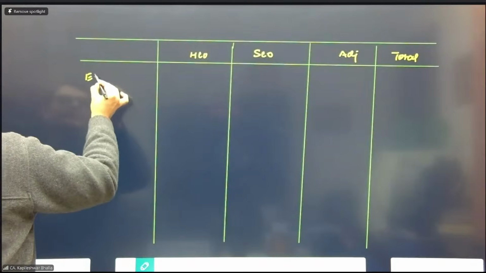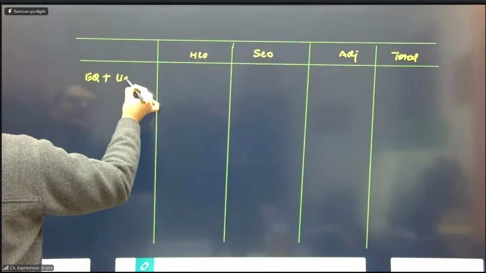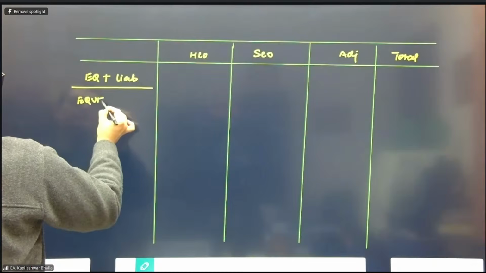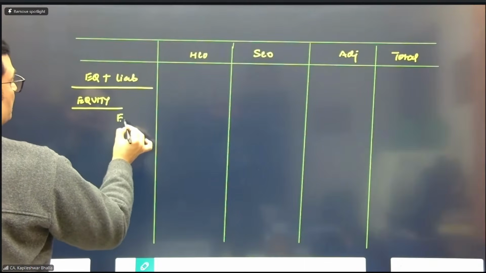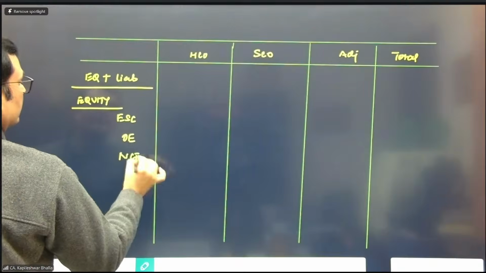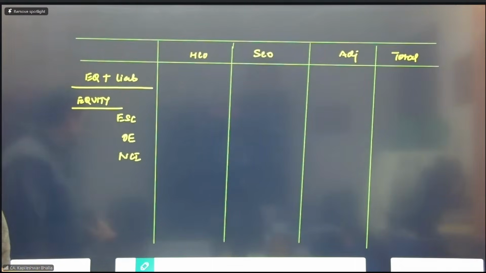So let's consider the equity and the liability section. First we start with the equity section. We've got equity share capital, then there is other equity, and there is NCI, lest we forget.